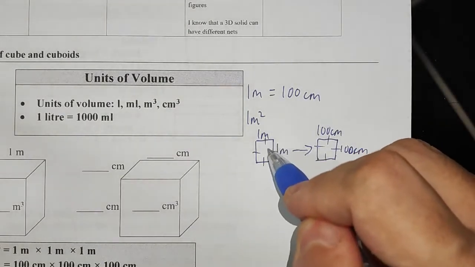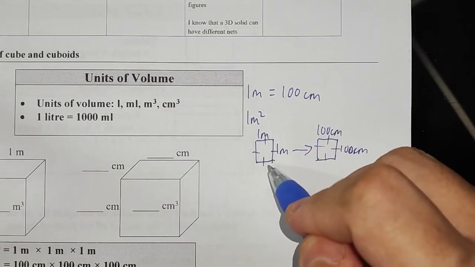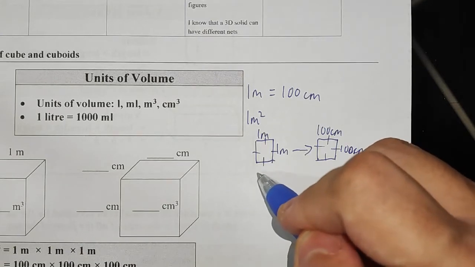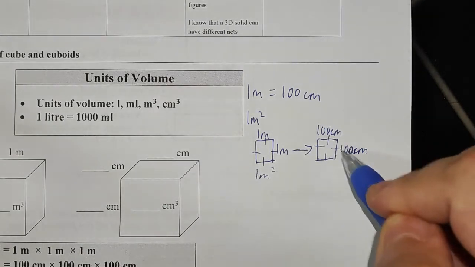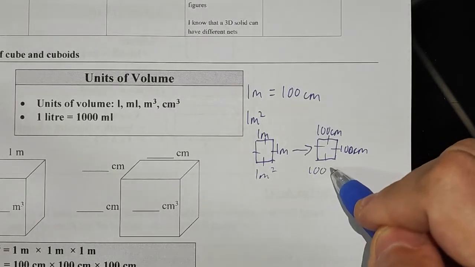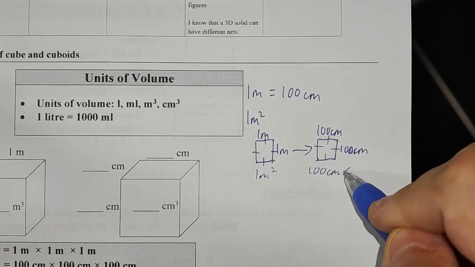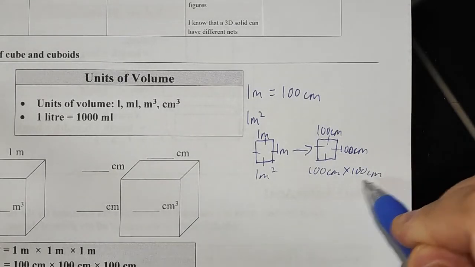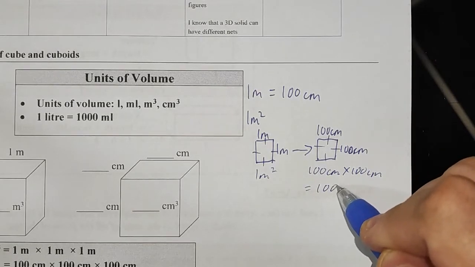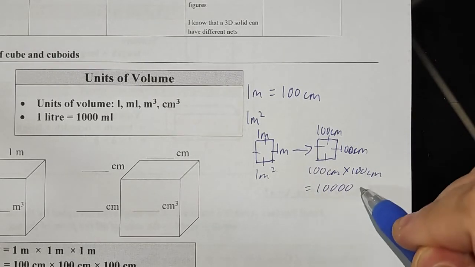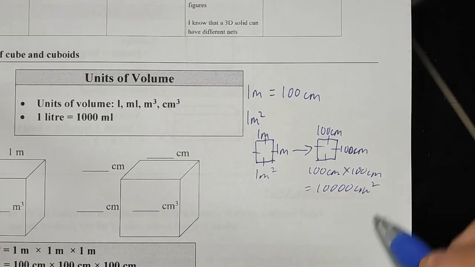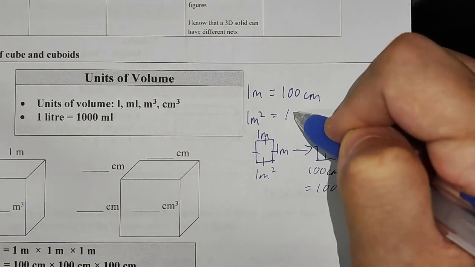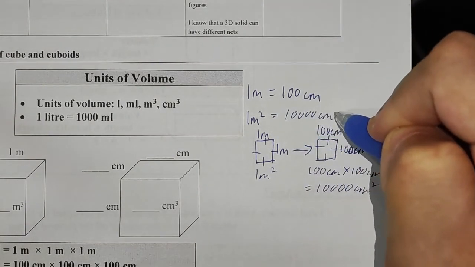Now the 1 meter square is the area of this square. So over here, the area is 100 cm multiplied by 100 cm, which is 10,000 centimeter square. So 1 meter square is equal to 10,000 centimeter square.